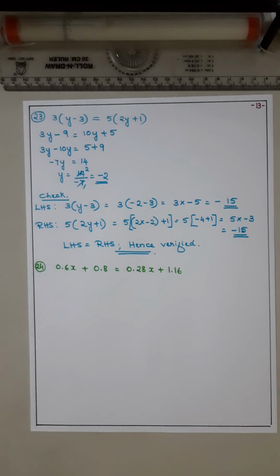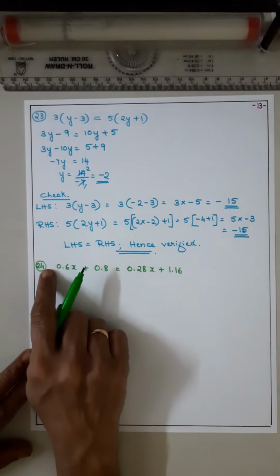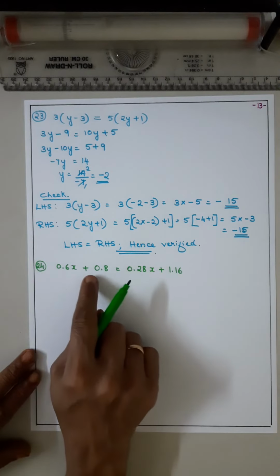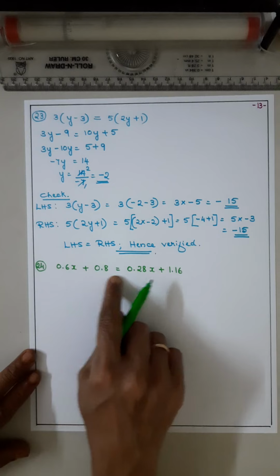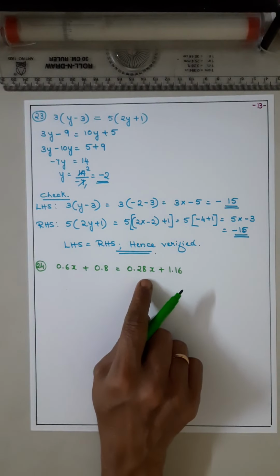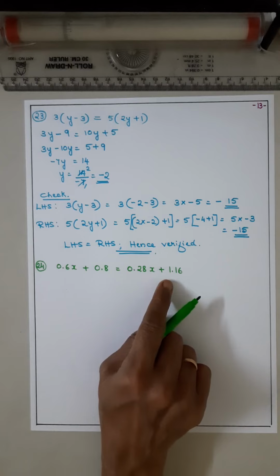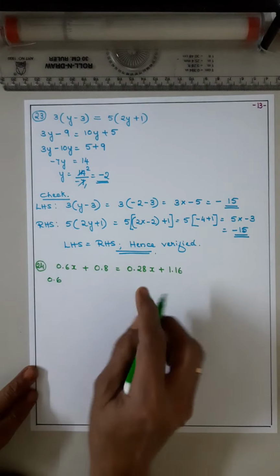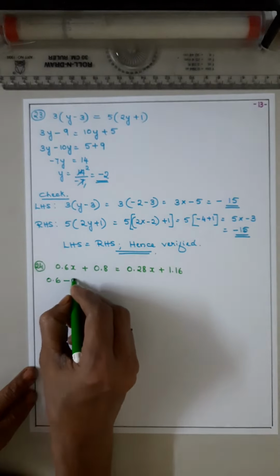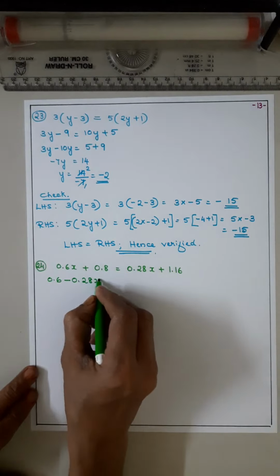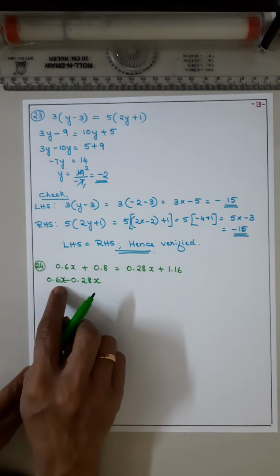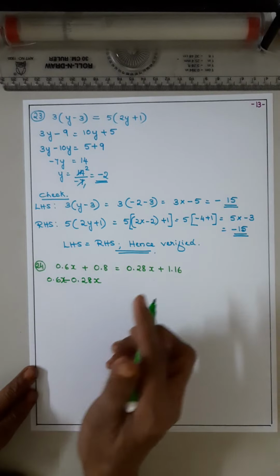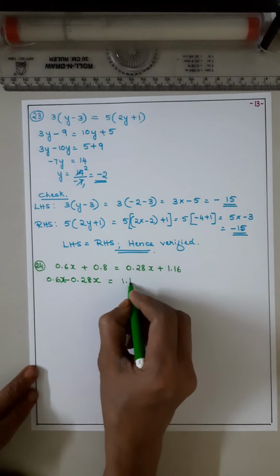Now coming to the 24th sum. Here the decimals. So 0.6x plus 0.8 is equal to 0.28x plus 1.16. Take x to the left hand side. So this becomes minus 0.28x. So it is 0.6x minus 0.28x is equal to 1.16.